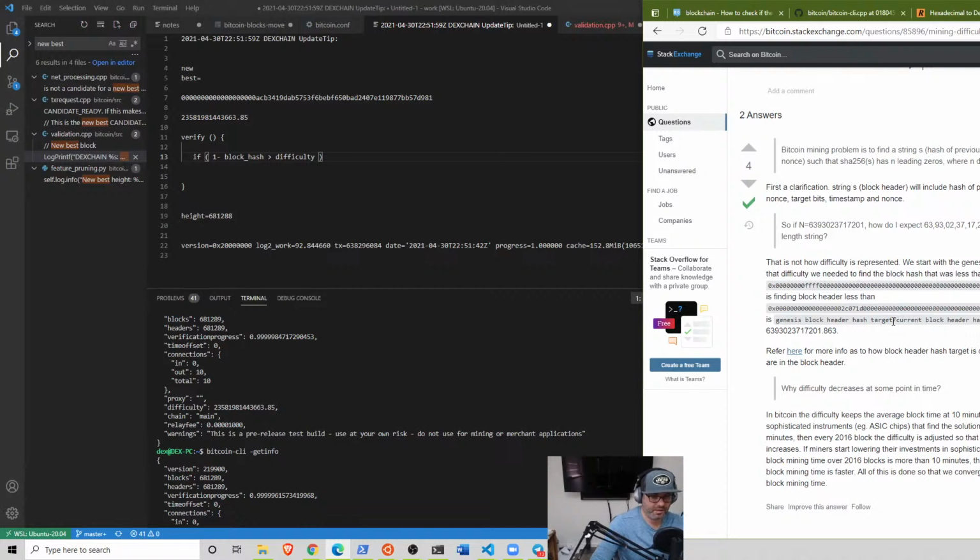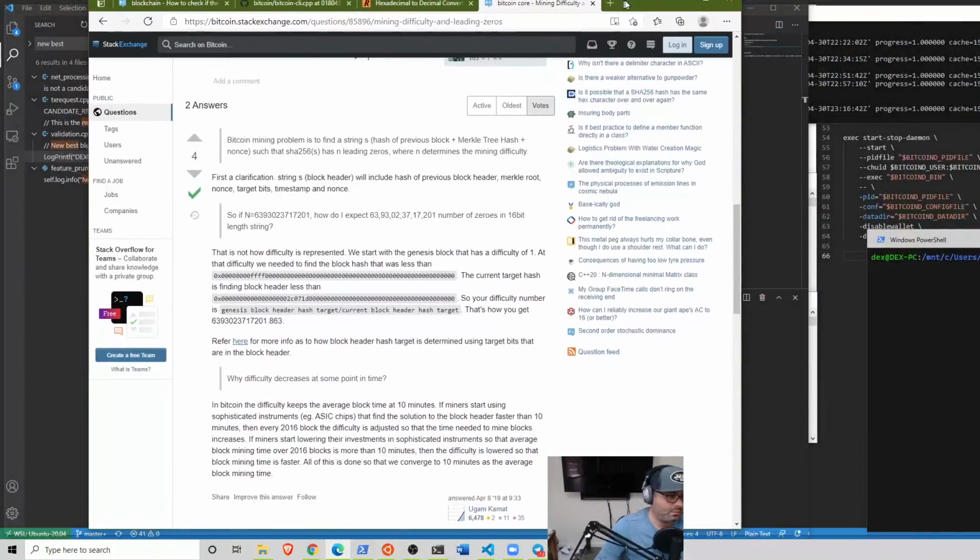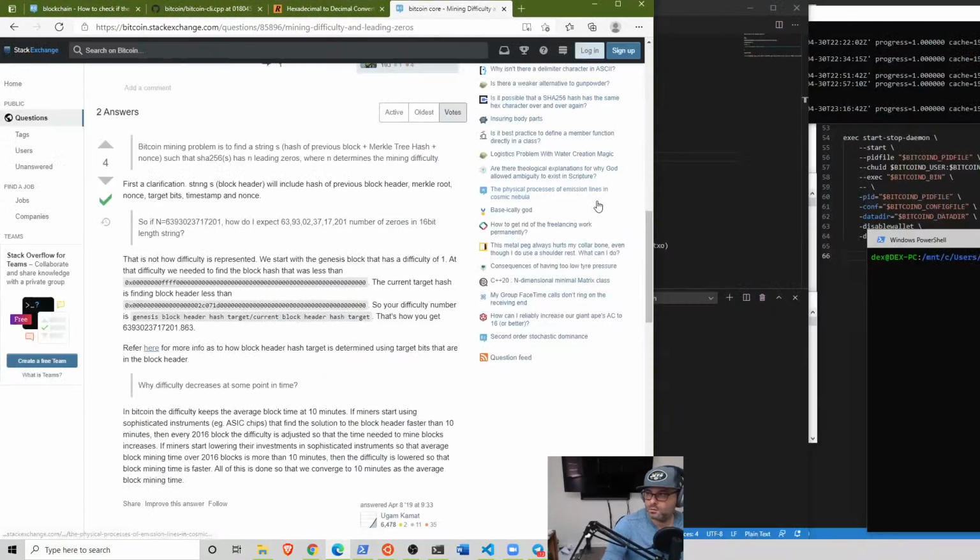Well, there you go. So your difficulty number is the Genesis block header target hash divided by the current block header target hash.